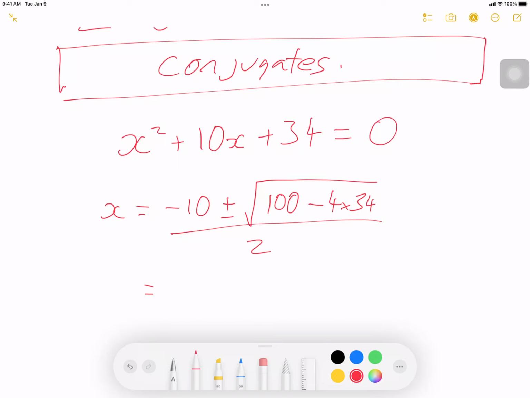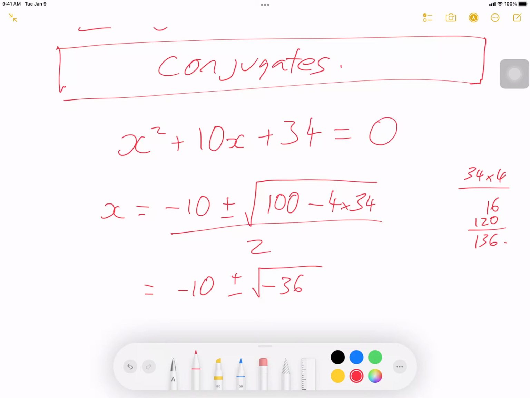Let's work this out. 4 times 34 is 136, but then I've got to take that away from 100, so I'm going to get negative 36.